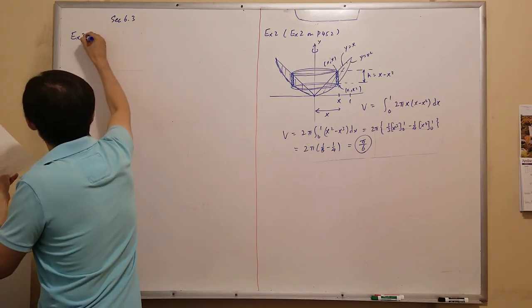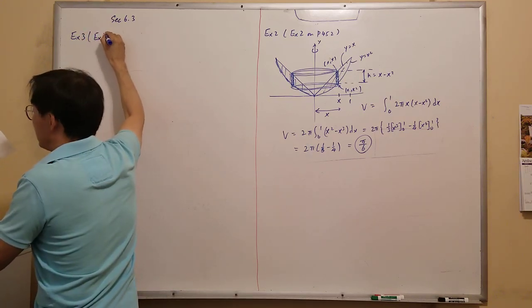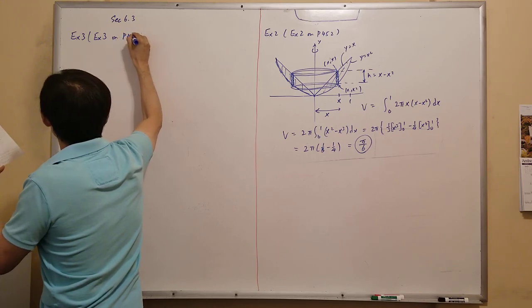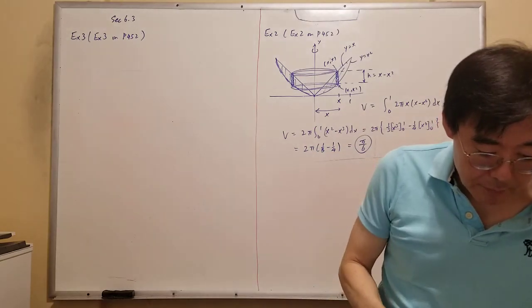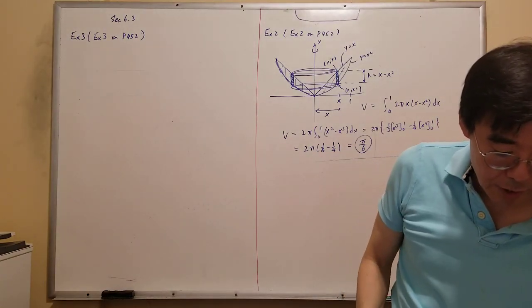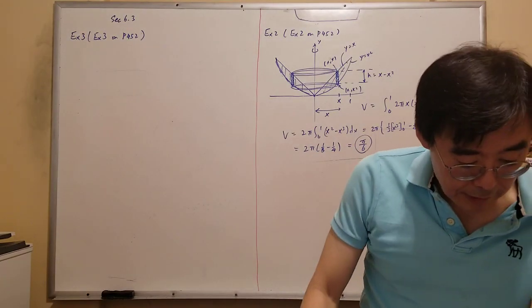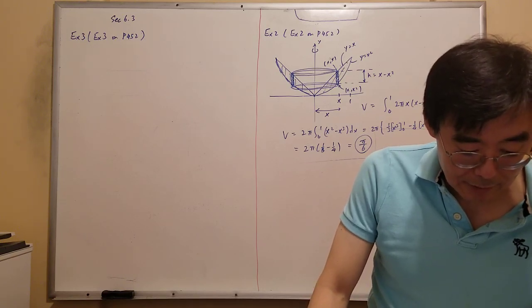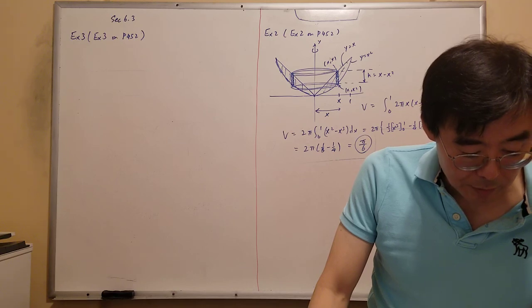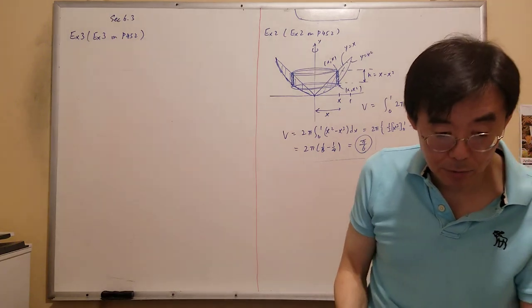Our example 3 is the same as example 3 on page 452. So what is it? Use cylindrical shells to find the volume of the solid obtained by rotating about the x-axis the region under the curve y equals square root of x from 0 to 1.